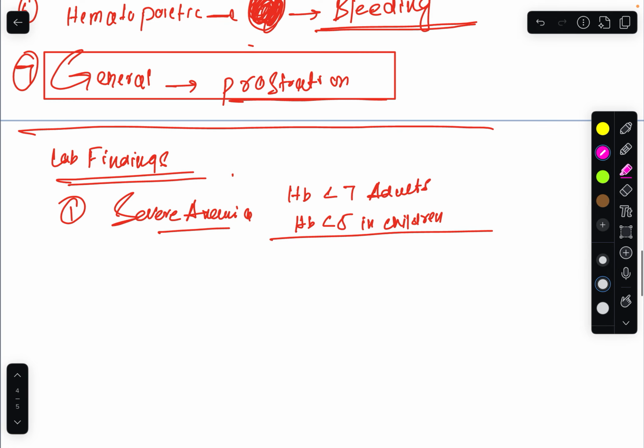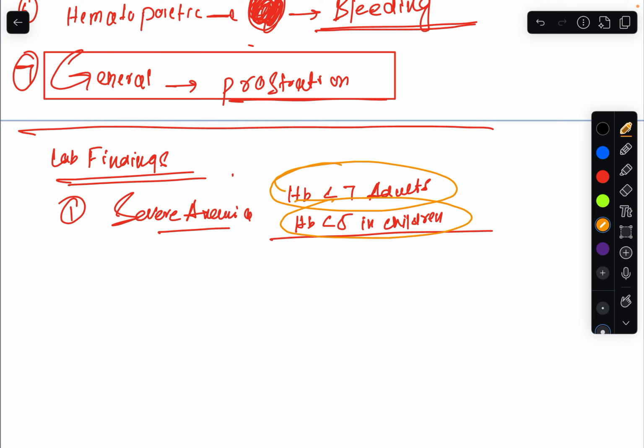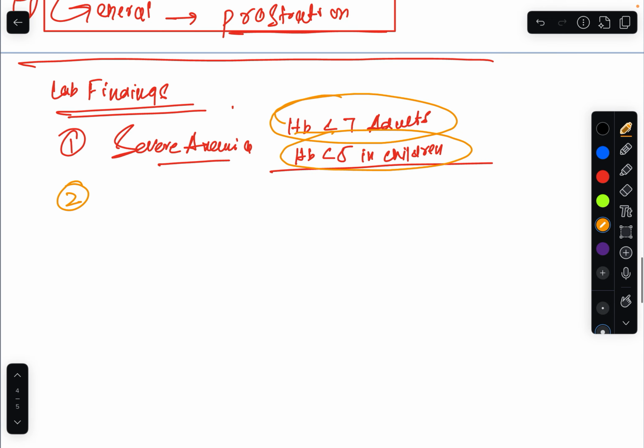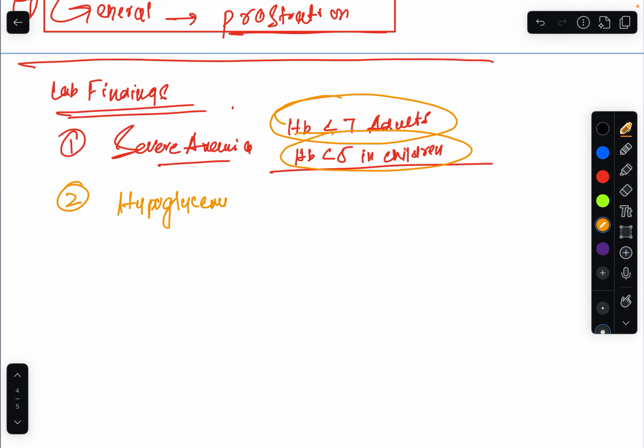If the HB is less than 7 in adults and less than 5 in children, it is a marker of severe malaria. Then hypoglycemia. If your BSR is 40 or less than 40, it is a marker of severe malaria.